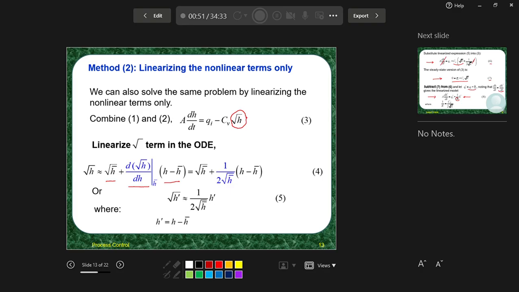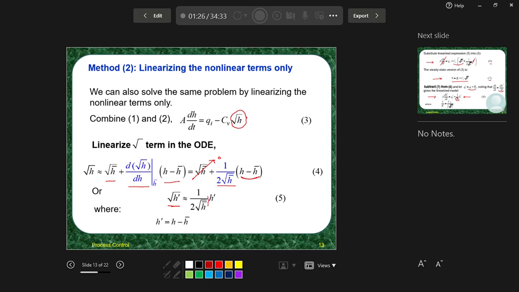Okay, the differential will be 1 over 2 square root of h, and then combining these terms and defining the perturbation variables, this will be replaced with h prime, and this will go to 0 because at steady state in perturbation variables the function will be 0, and then our equation will be square root of h prime is equal to 1 over 2 square root of h bar times h prime.